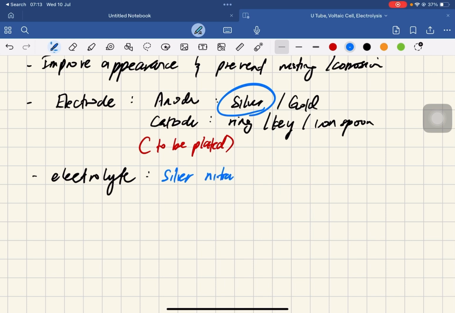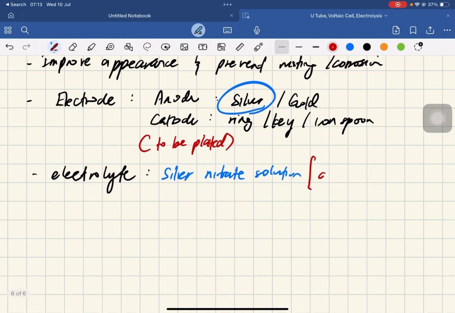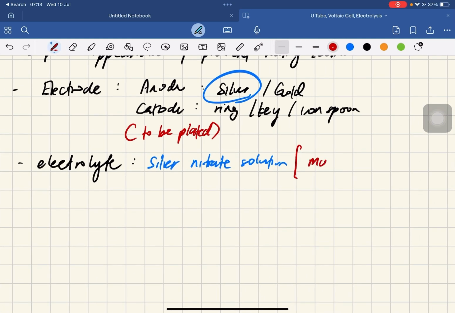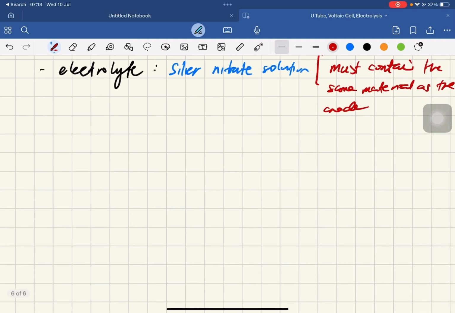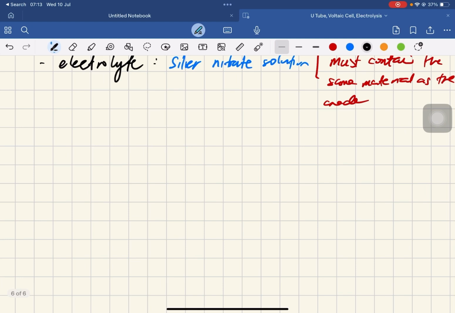Silver nitrate for example. Okay, the note here is excellent. When using an active electrode, the electrolyte must contain the same material as the anode.